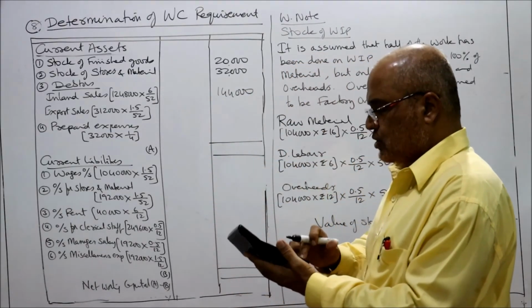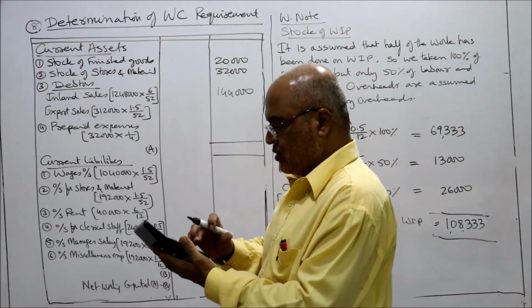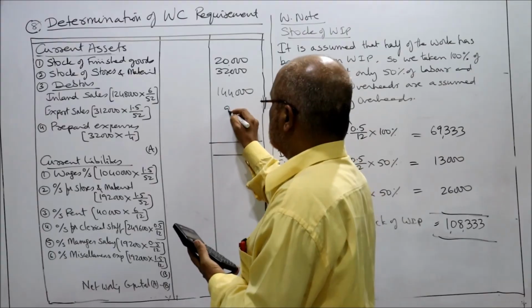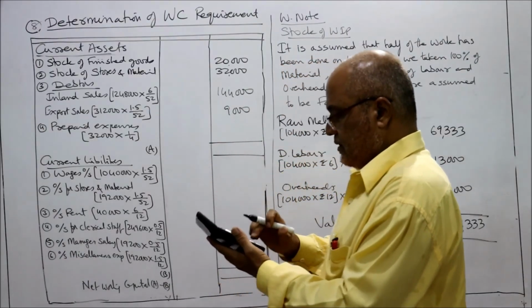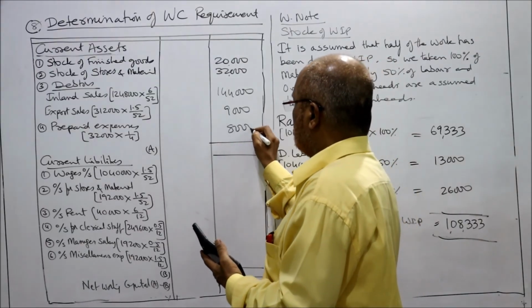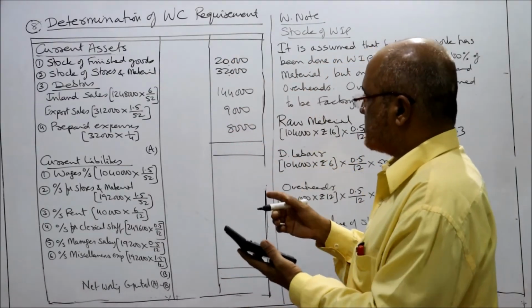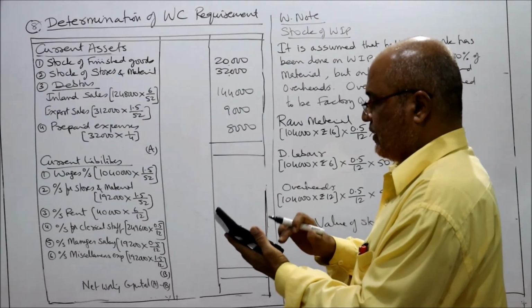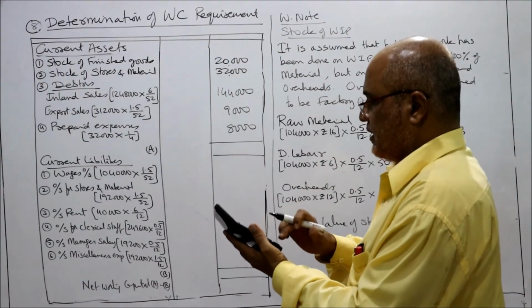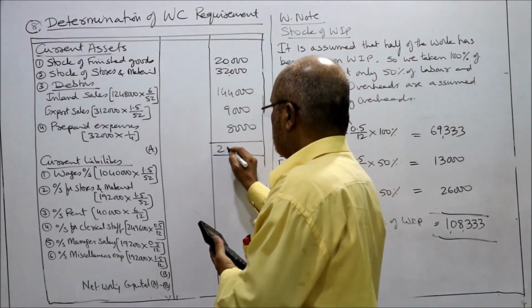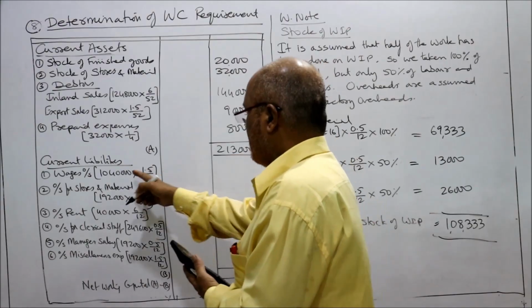Similarly, 3,12,000 into 1.5 divided by 52, 9,000. 32,000 divided by 4, 8,000. Now we'll take the total of these items: 8,000 plus 9,000 plus 1,44,000 plus 32,000 plus 20,000. It comes to 2,13,000.